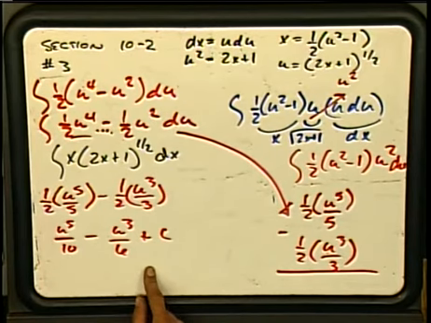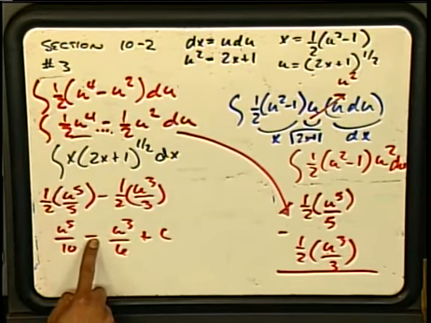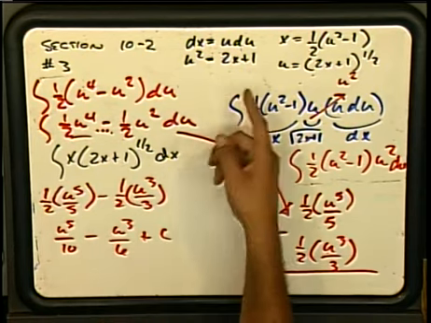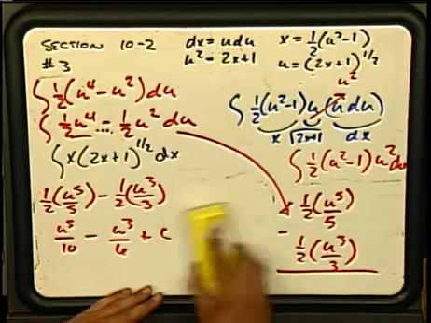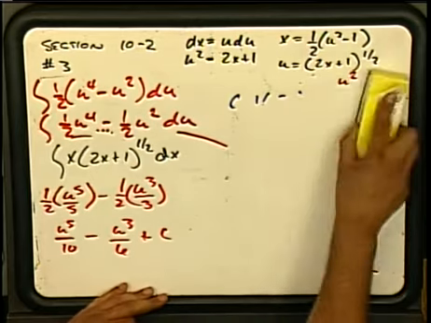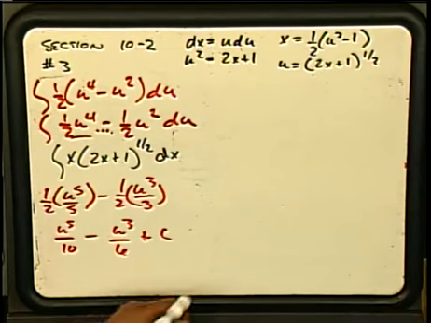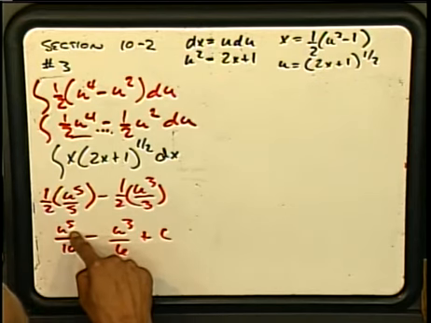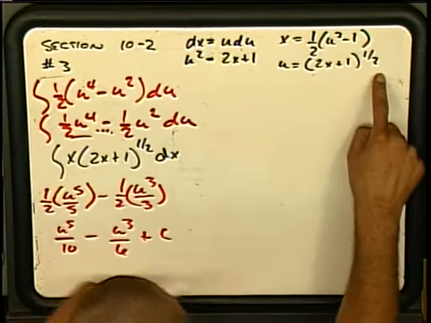Now we simplified and we took the antiderivative, we integrated with u in there. We need to substitute our x back in for u. So I'll get rid of all this. Substitute x back in, so u equals 2x plus 1 to the 1/2.